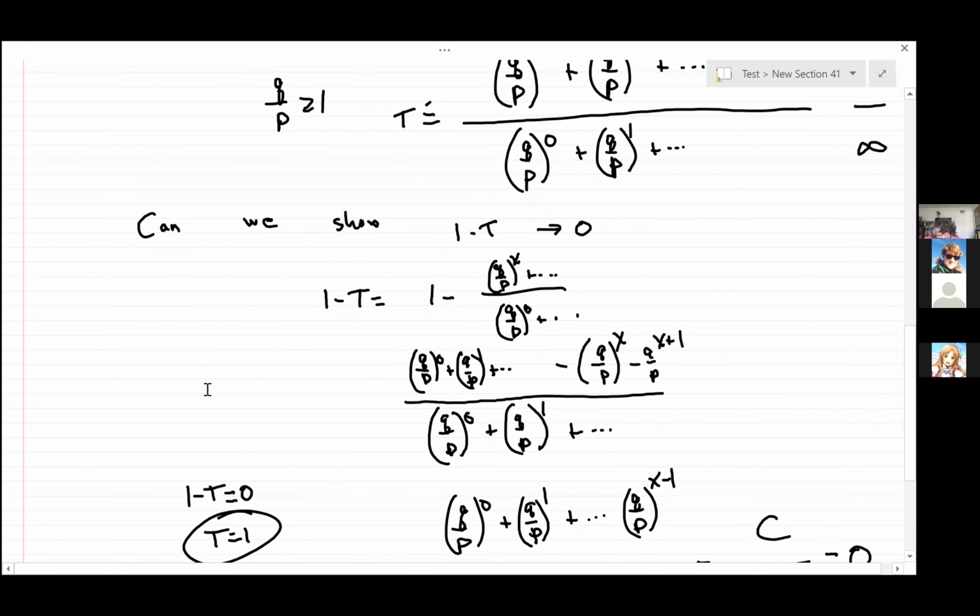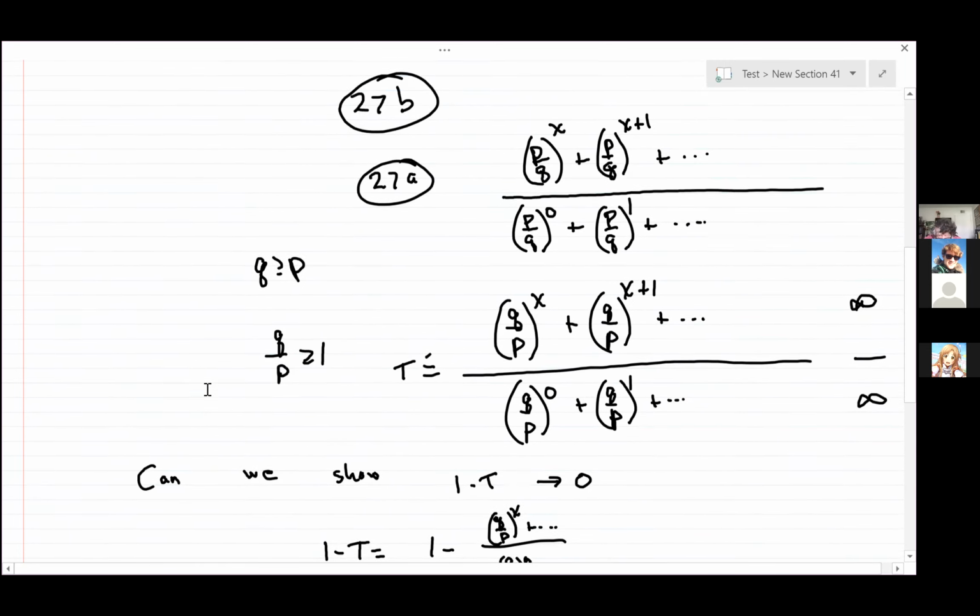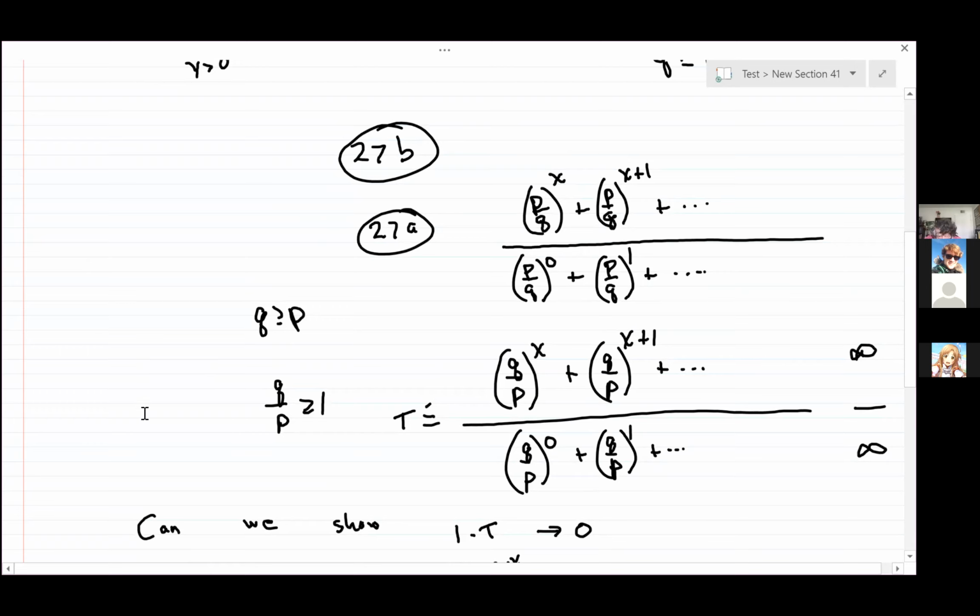Let me see. So we're trying to see what this ratio looks like. That's from 26b. 26b says we can do this. But that's not going to work because 26b has the presumption that these things actually what?